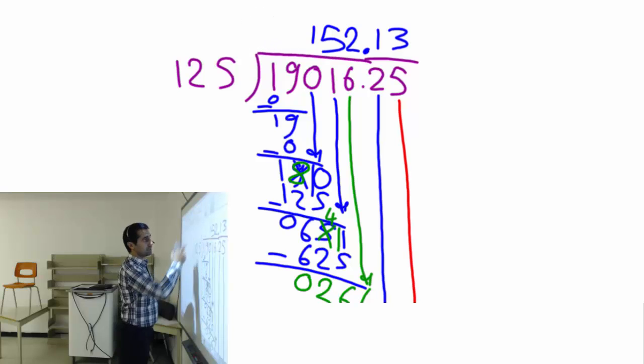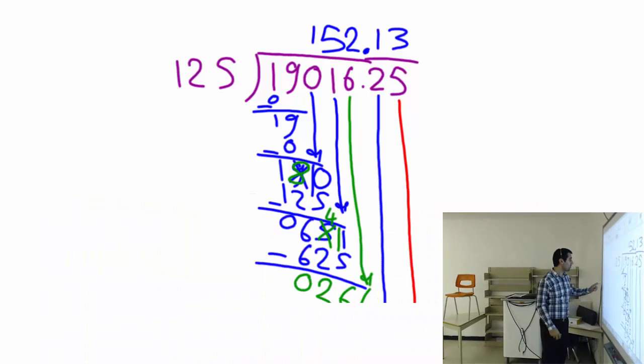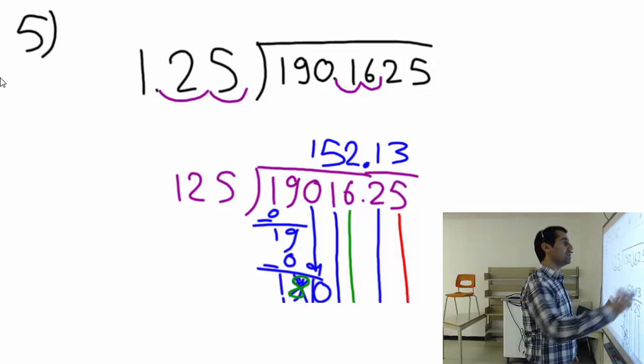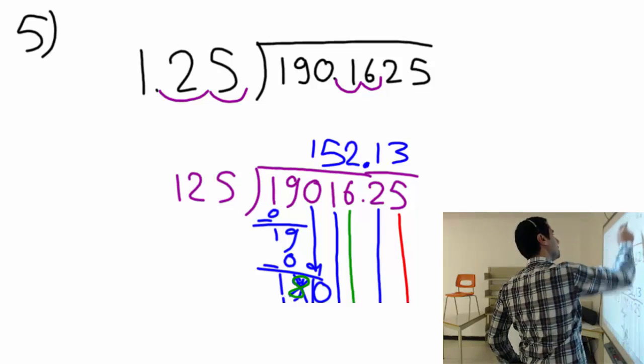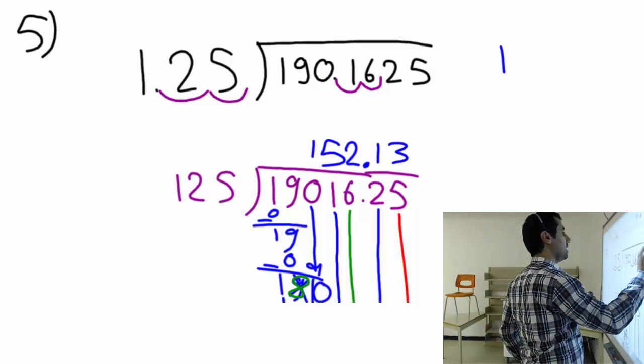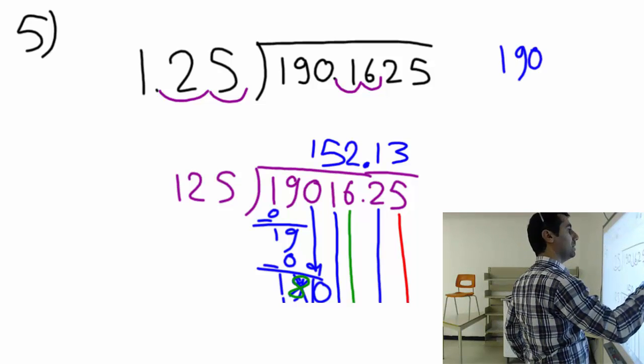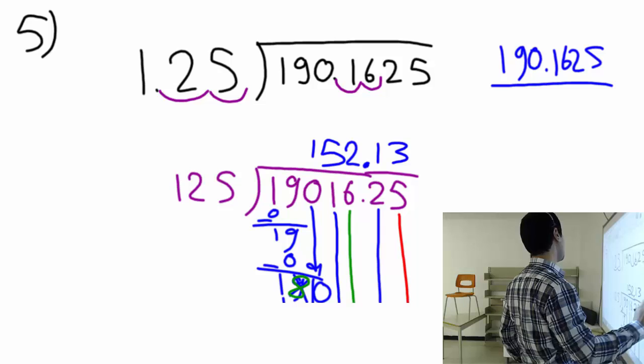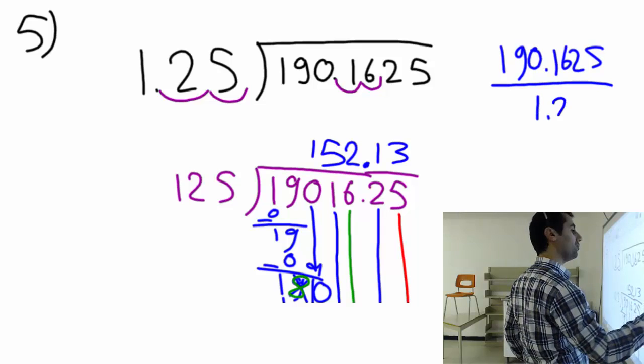And so let's go back to my original question. The original question is, what is 190.1625 divided by 1.25?